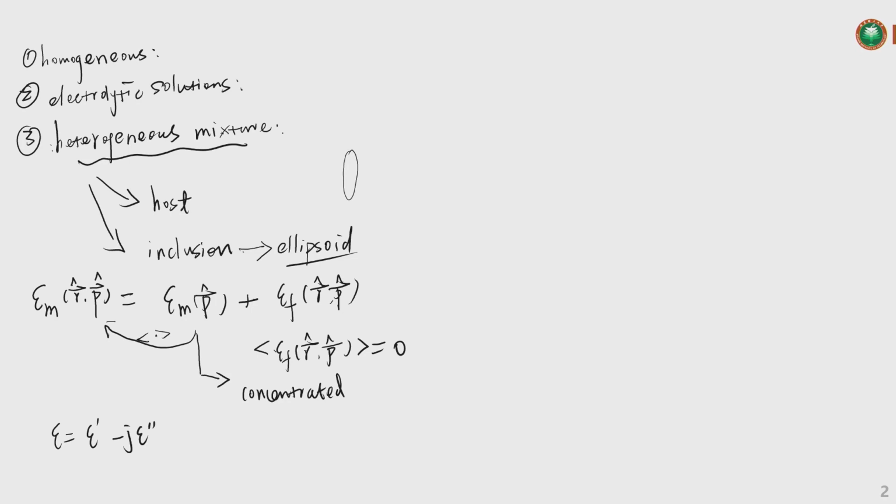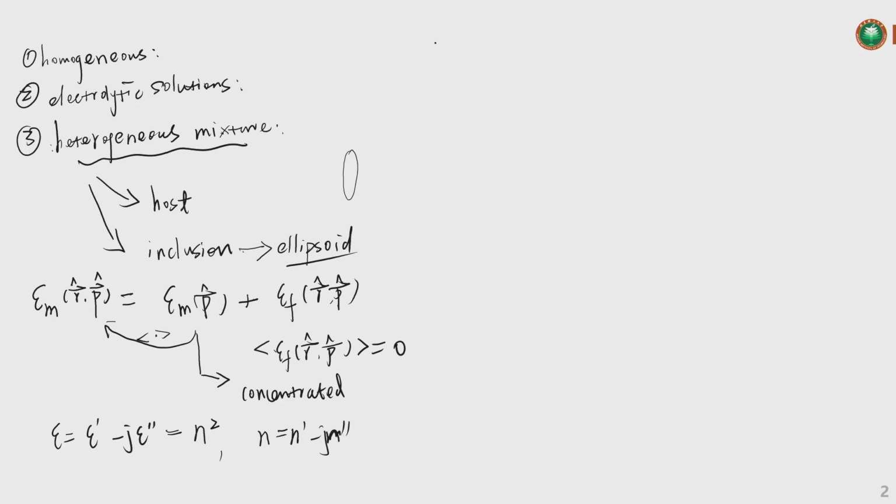In our calculation, it equals the square of the refractive index, all right? That means the refractive index can also have a real part and an imaginary part.